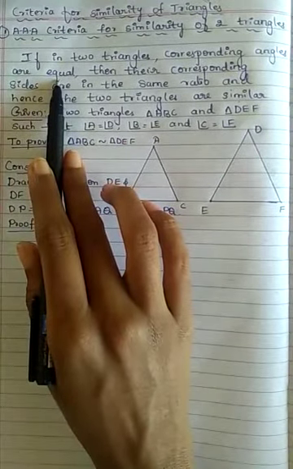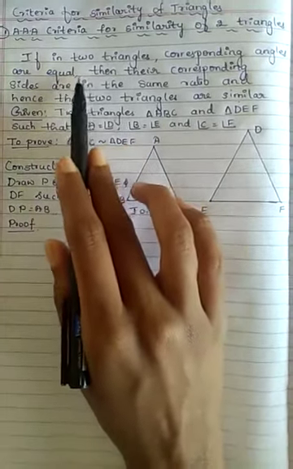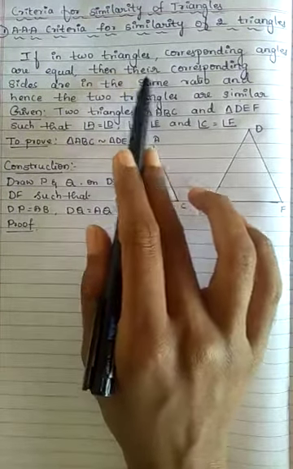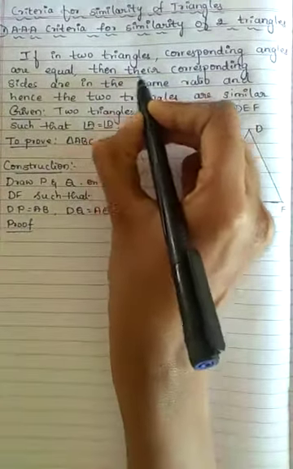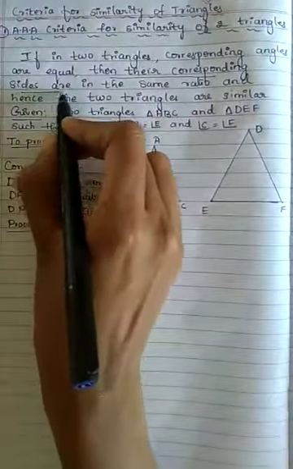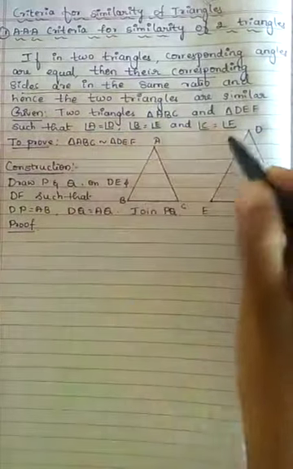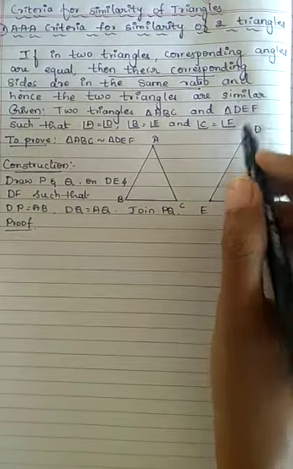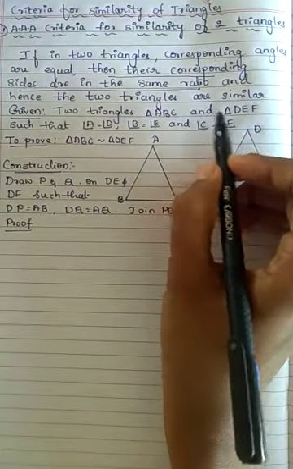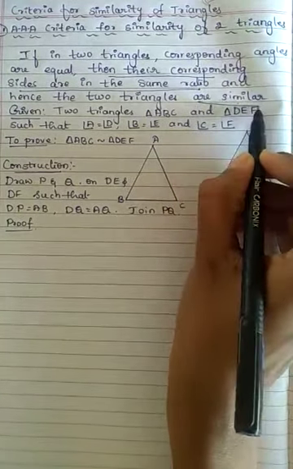You have to prove that corresponding sides are in the same ratio. If corresponding sides are in the same ratio, then by converse of the Thales theorem you can say that those two triangles are similar.